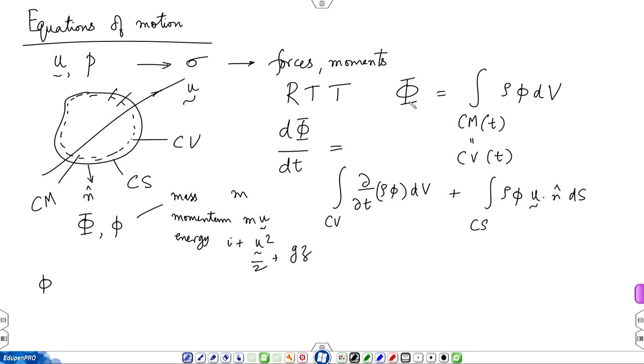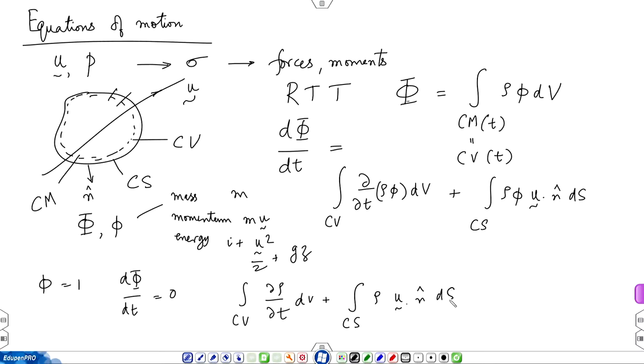If you set capital phi as total mass, small phi is 1 and d phi dt is 0, and you get an important result, the first equation of motion based on the conservation of mass principle as this integral equation.